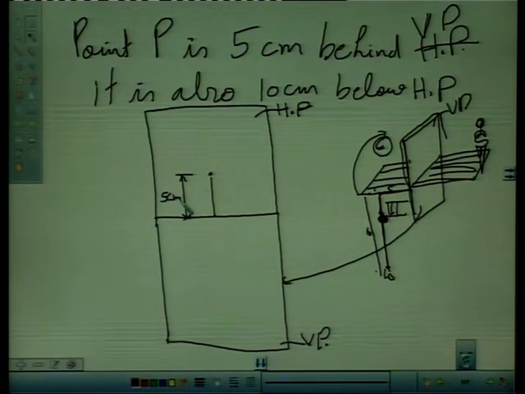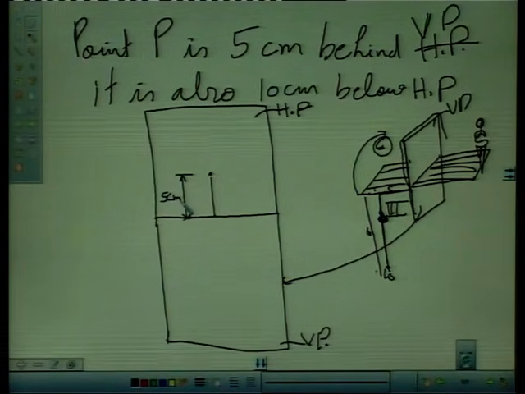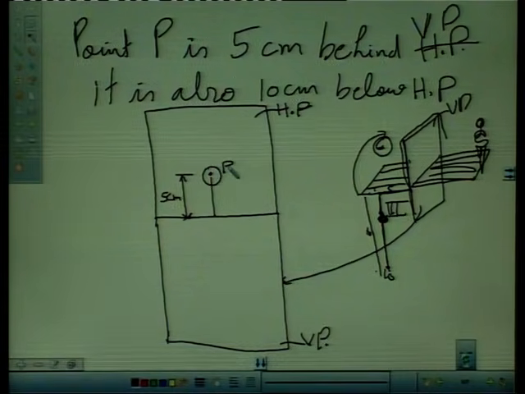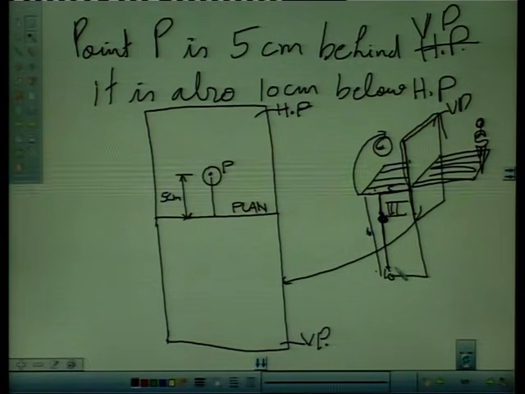And for drawing its elevation, say this is plan P. So this point P is exactly 10 centimeter below this axis line as per our statement.